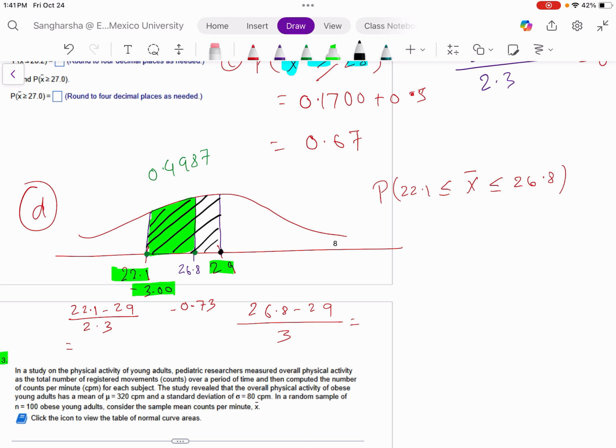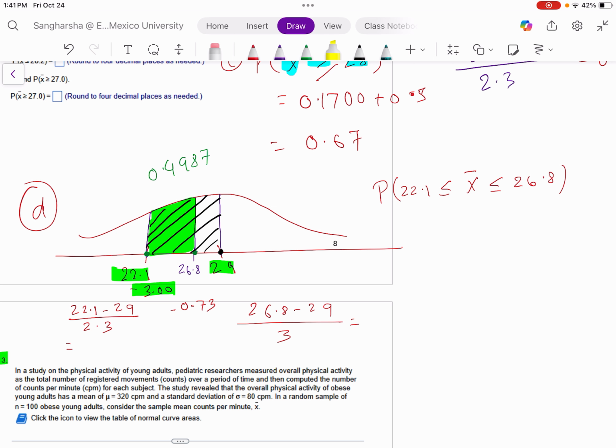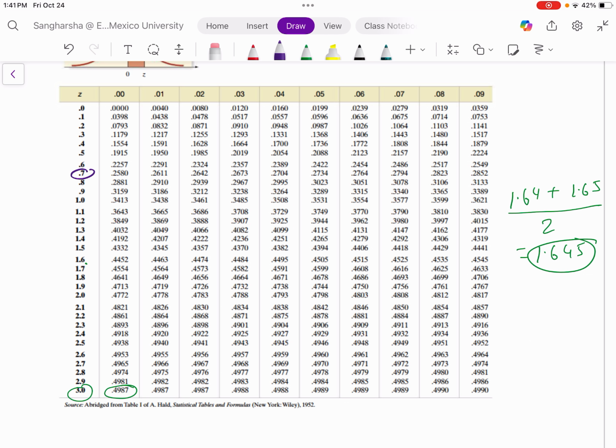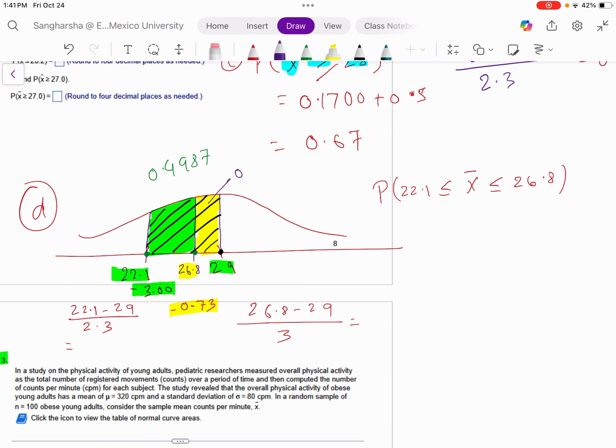Now using 0.73, which is the G for 26.8, we can find the area of this yellow region. 0.73 is here, and the area is 0.2673.